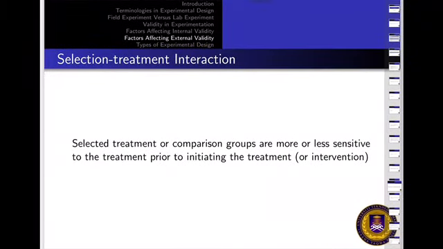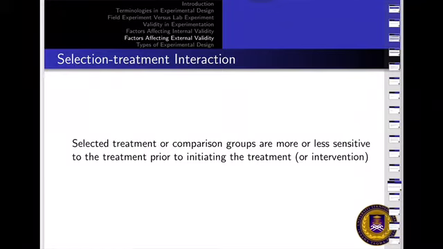The second factor is the selection treatment interaction. The selected treatment or comparison groups are more or less sensitive to the treatment prior to initiating the treatment or intervention.